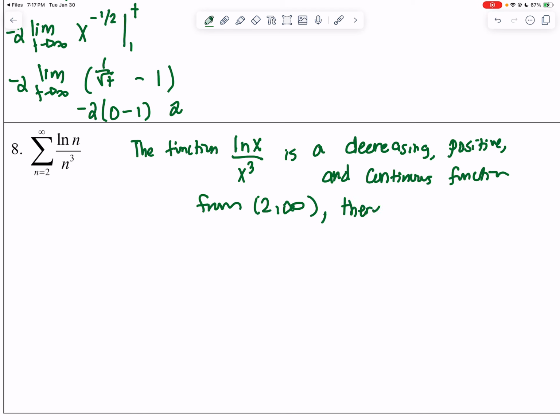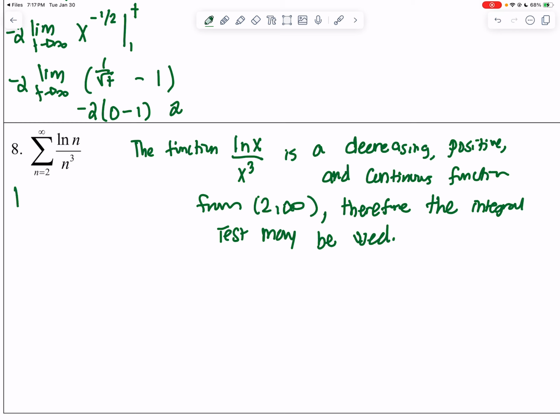Therefore, the integral test may be used. And then use the integral test.